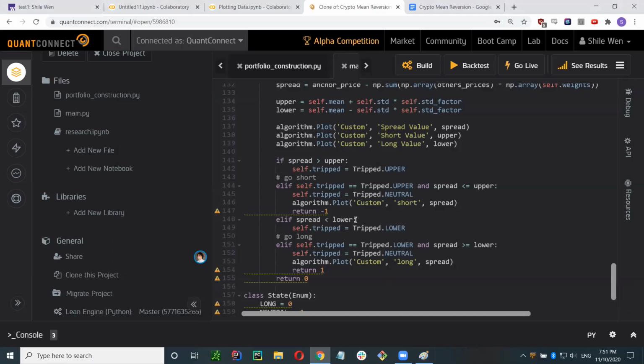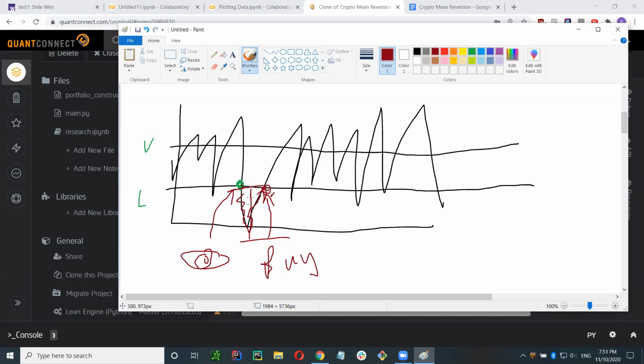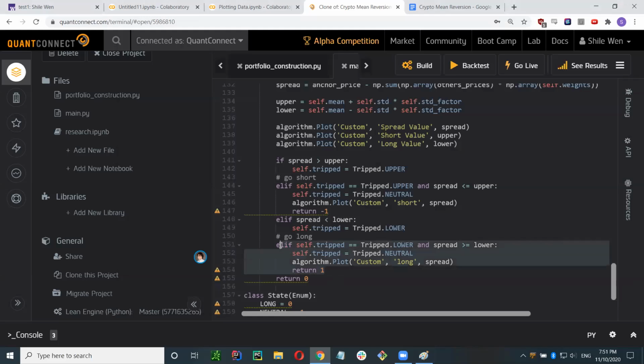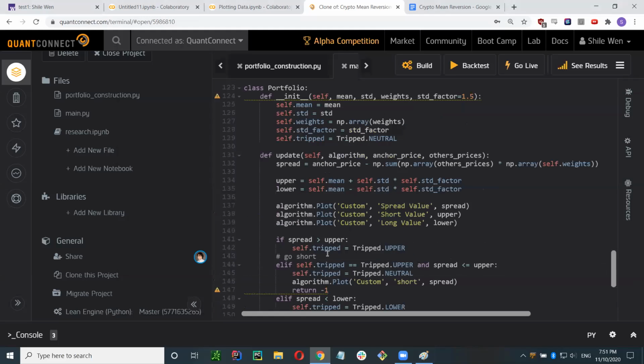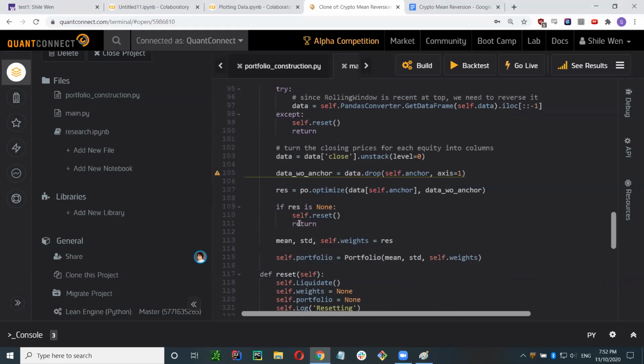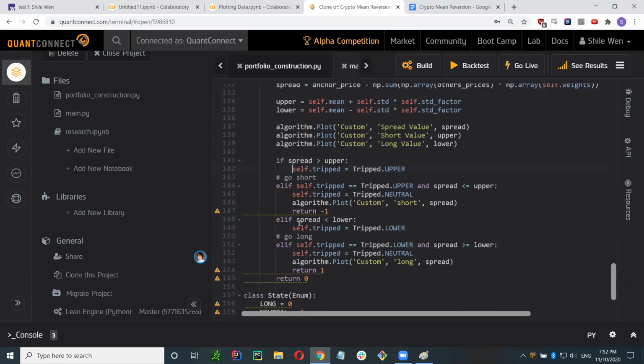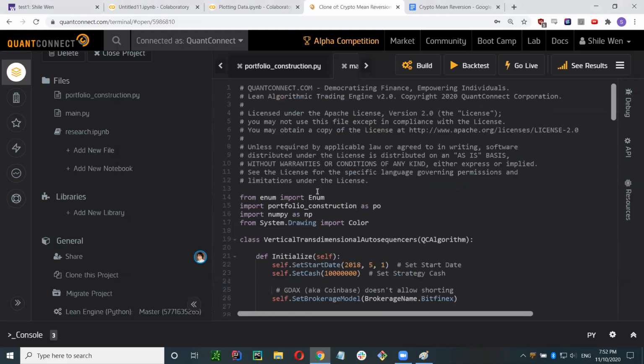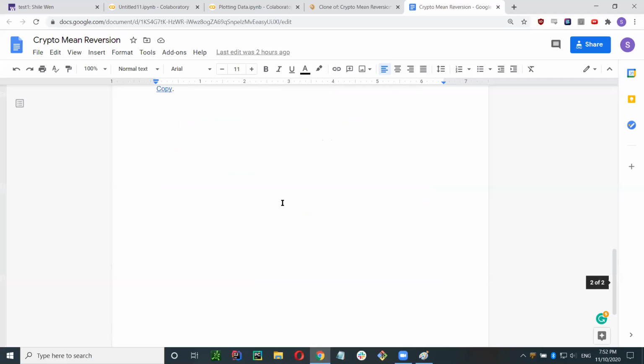If we trip lower and the spread goes back up above the lower bound, we return 1, which is a buy signal. And we do the opposite for the upper bound. That's basically the triggers. Hopefully that makes sense. Let me post the algorithm.